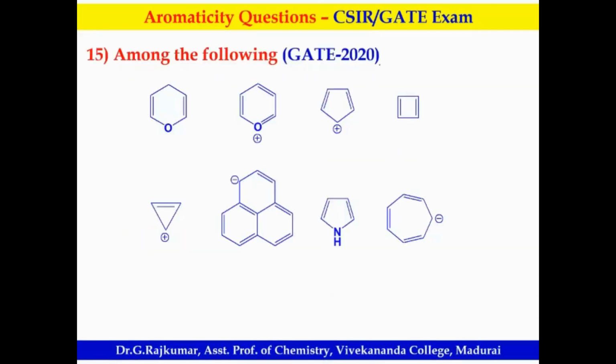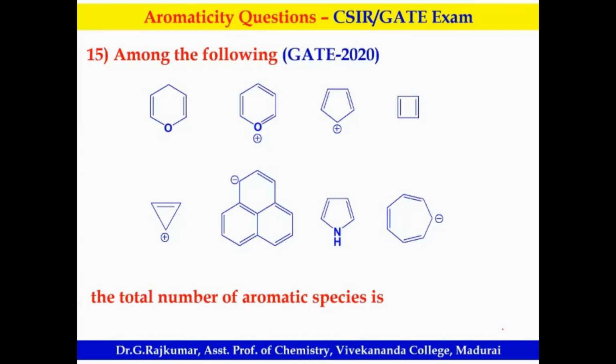So the GATE 2020 question. Among the following, the total number of aromatic species. These are all examples we discussed in our class. The number of aromatic species, 4. Aruna Rajagopal, you said 3.